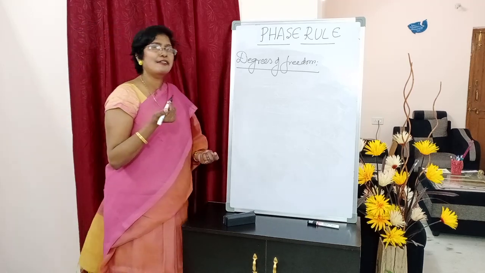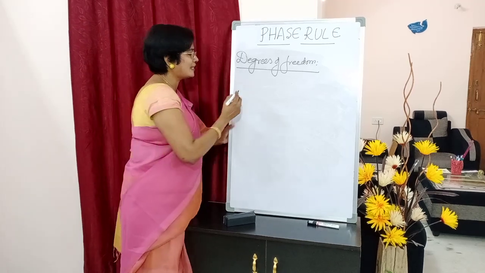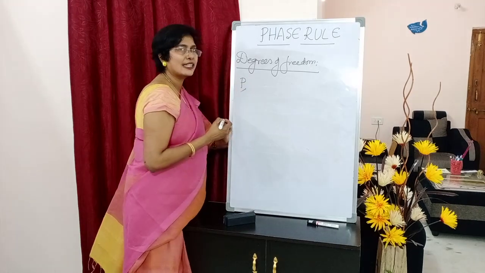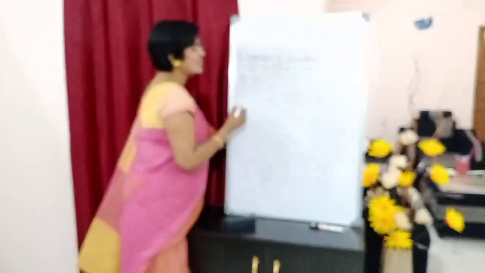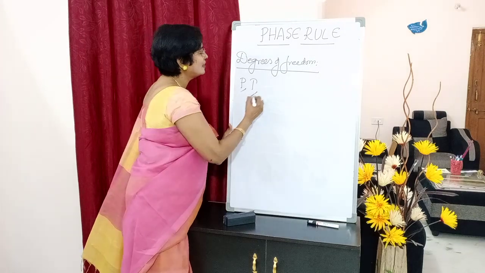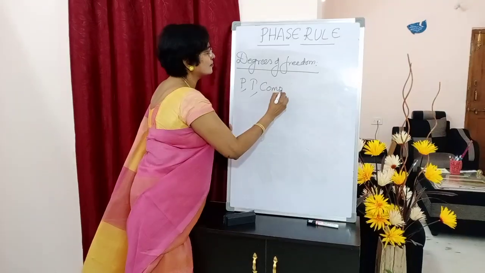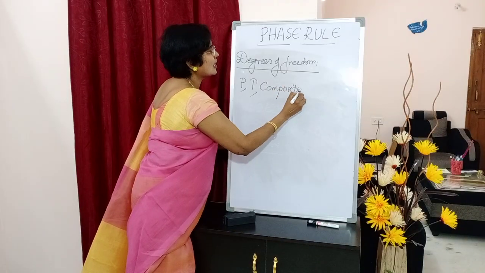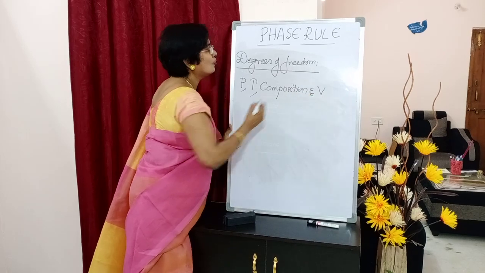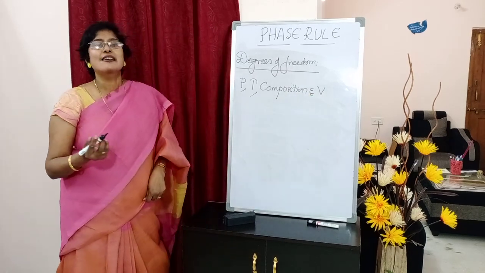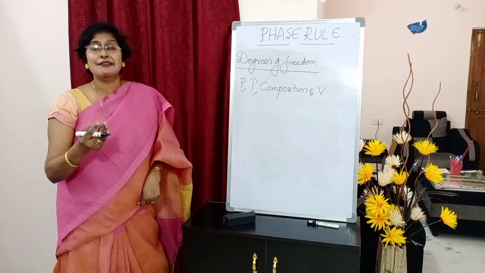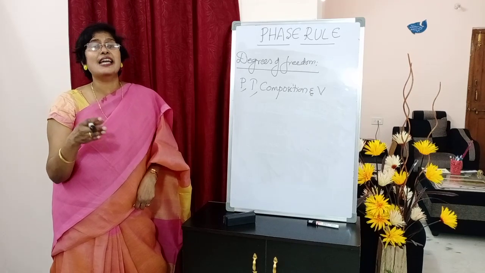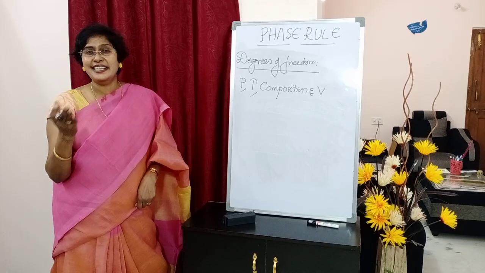So, in order to define the state of any system, we require factors like pressure, temperature, composition or concentration and volume. Generally, these are the factors required to define the state of any system.